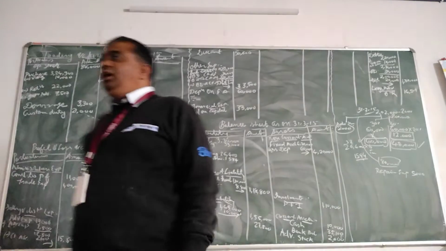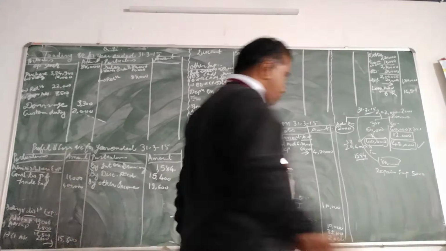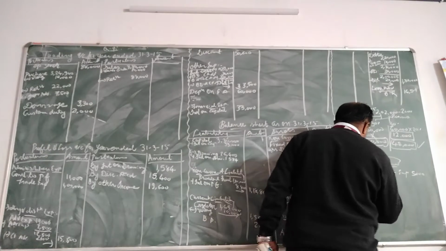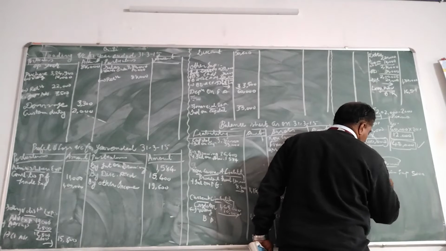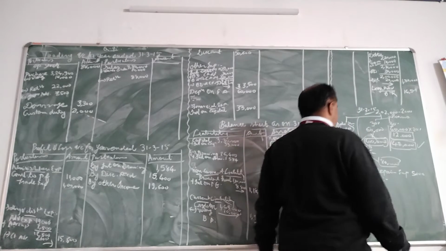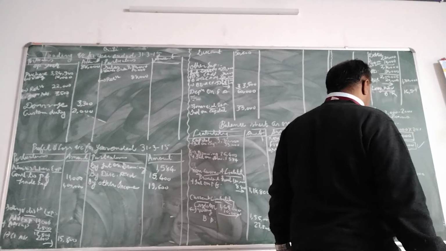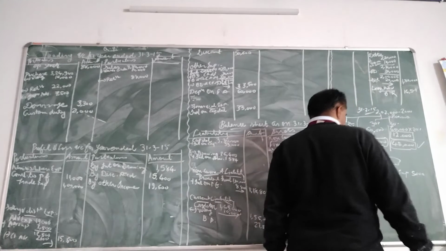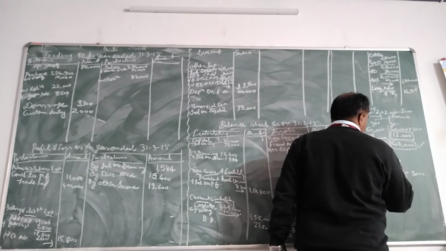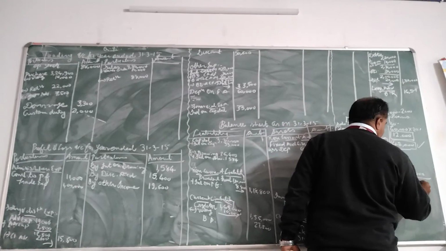Now we calculate the actual price of the closing stock. Here 80,000 minus 5,000 is 75,000.